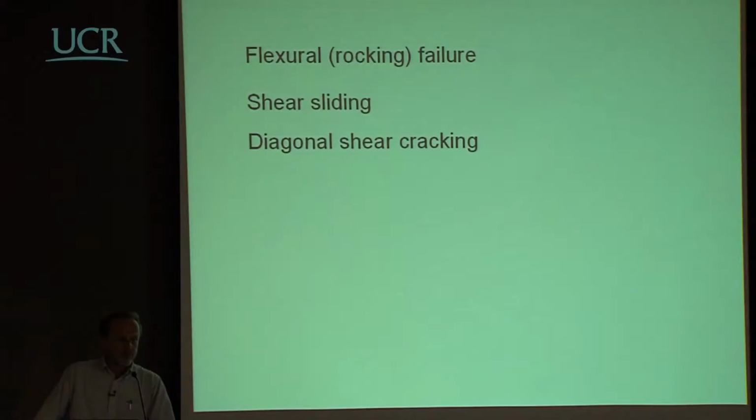There are three typical ways, but actually two. One is a flexural damage mode, which is essentially a rocking mode. Another is shear sliding, which is not so important because this happens only in very squat walls with poor mortar and so on. The other one, which is on the contrary important, is diagonal shear cracking.